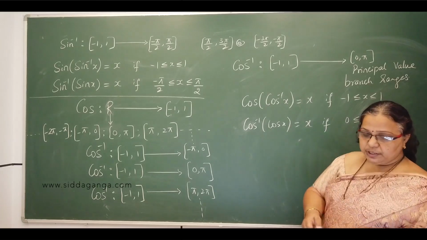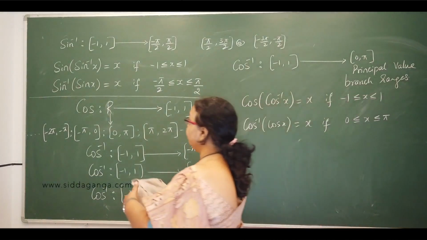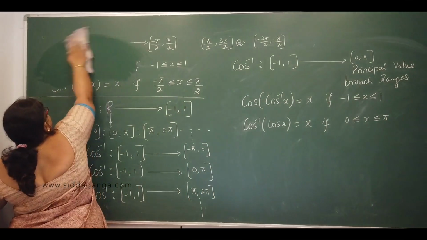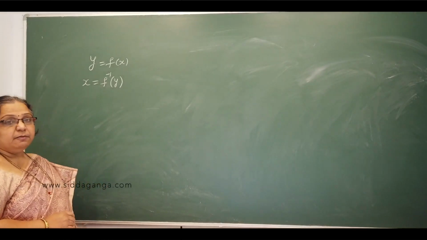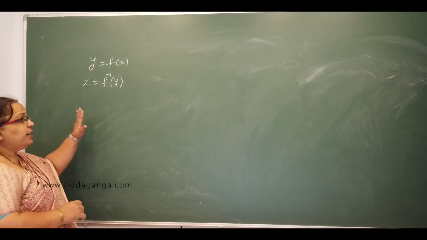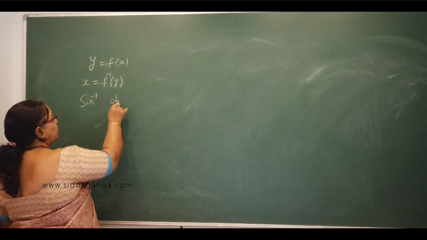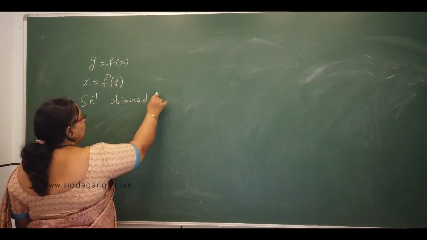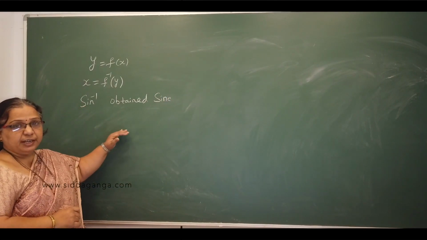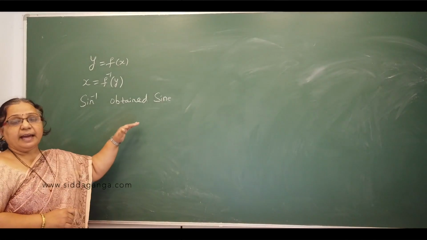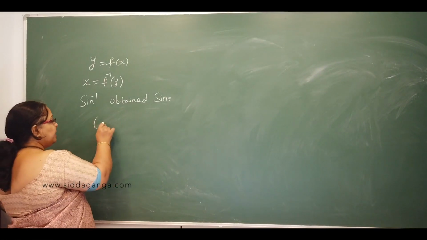So now we shall draw the graph of the sine function as well as the sine inverse function, which means that the graph of the sine inverse function can be obtained from the graph of the sine function by interchanging the x and y axes.